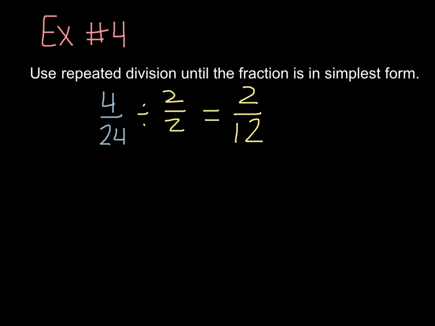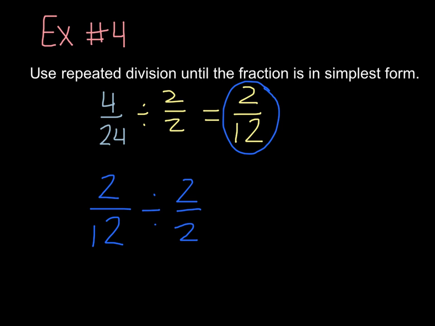Now I know that that is not in simplest form yet, because 2 and 12 can both be divided by 2 again. So we're not done, so we have to divide it by 2 again. So I'm just going to rewrite that fraction down here, and now I'm going to divide by 2 again. So that's what they mean by repeated division.